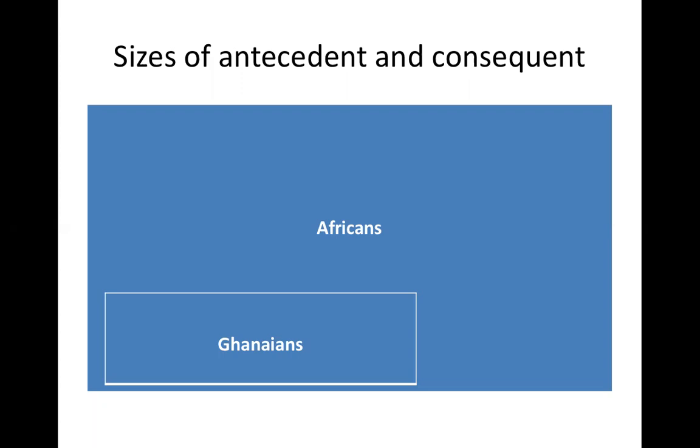Any argument that affirms the antecedent is a valid argument. Why? Because the consequent is normally a larger class of items compared to the antecedent. The consequent is always a larger class of items compared to the antecedent.